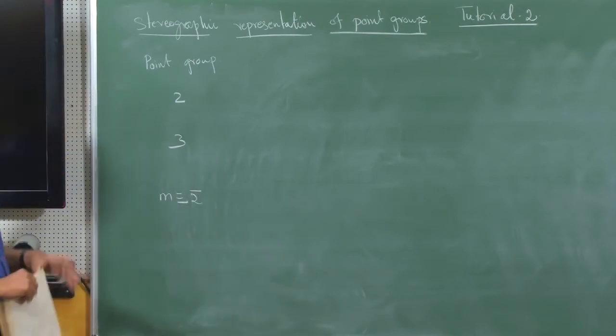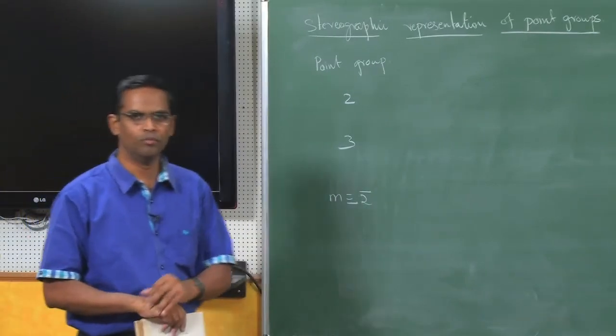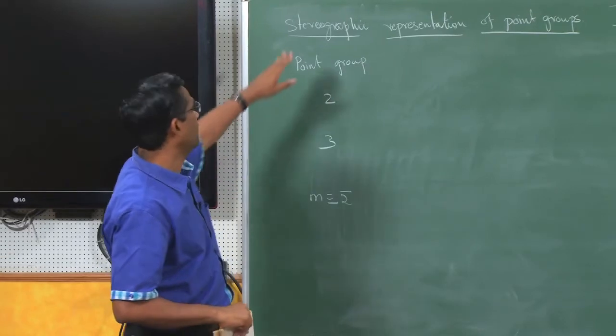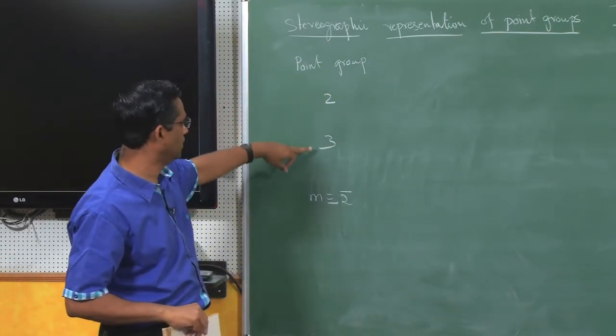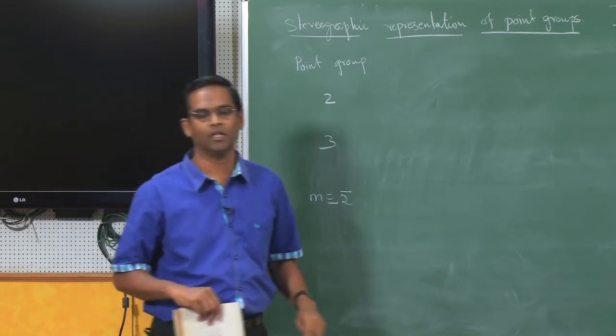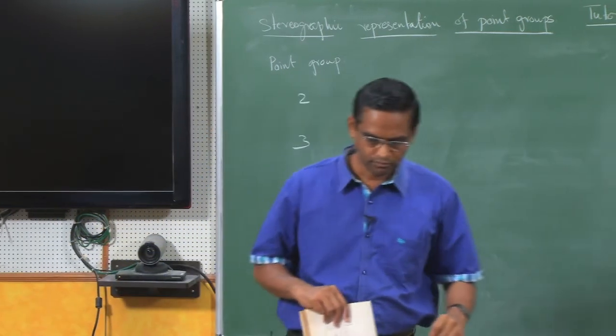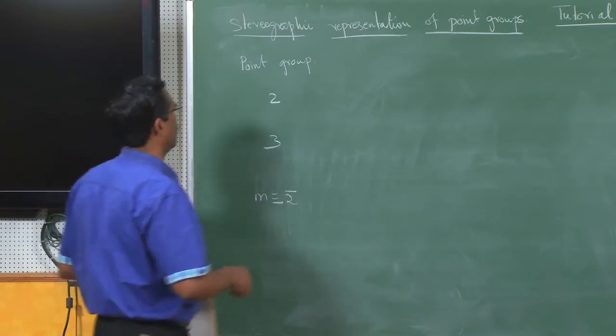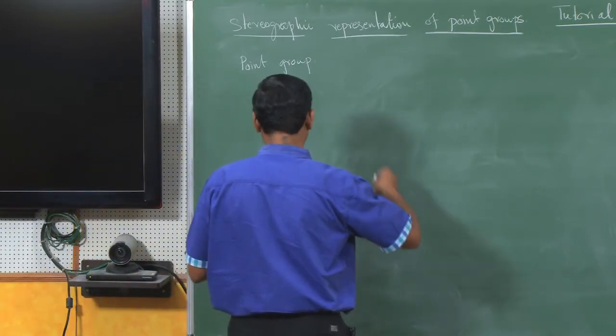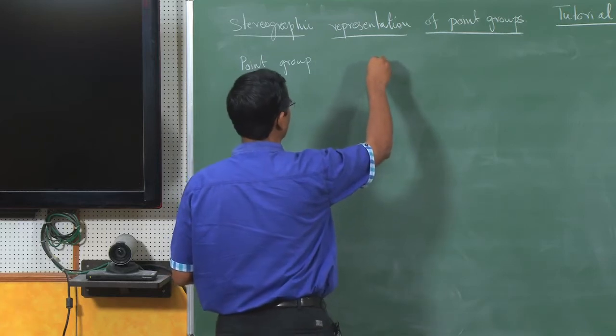Suppose I ask you to draw a stereographic representation of point groups 2, 3 and 2 bar. How do you go about it? You know that 2 means a rotation. So, you can have a reference like this.